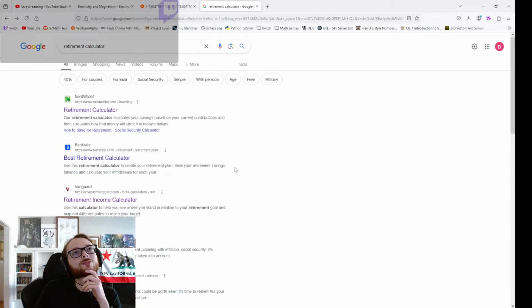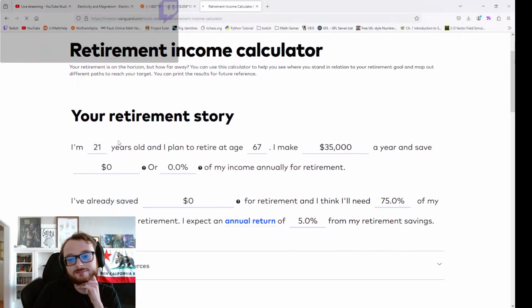But factoring in inflation is annoying. I don't know how you factor in inflation. What if I'm 27 and I plan to retire at 28? I'm going to be super successful.